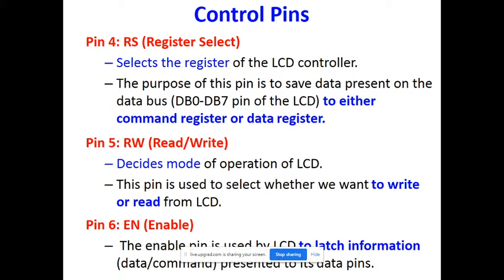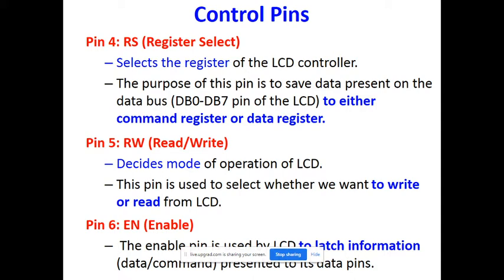For example, suppose RS is equal to 1, at that time whatever information is on the data bus, that is D0 to D7, is passed to the data register. When RS is equal to 0, whatever information is on D0 to D7 is passed to the command register.